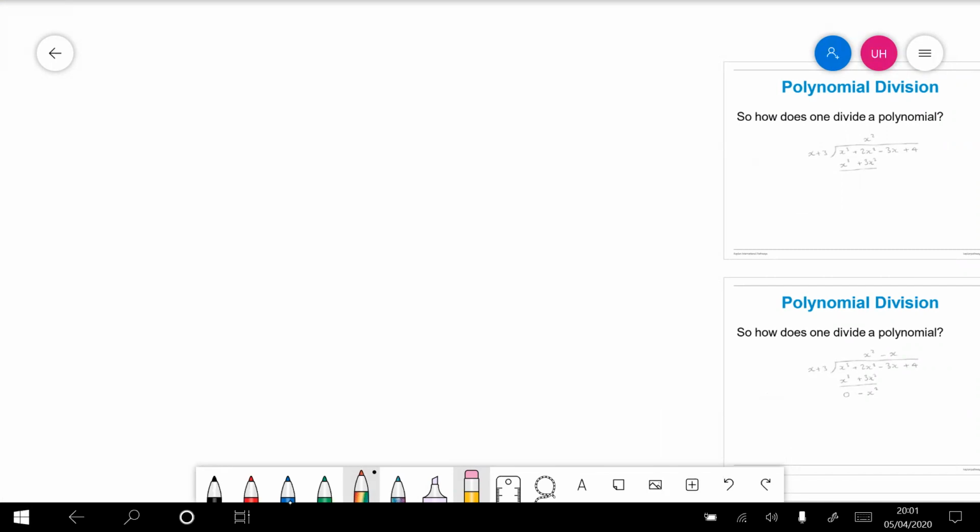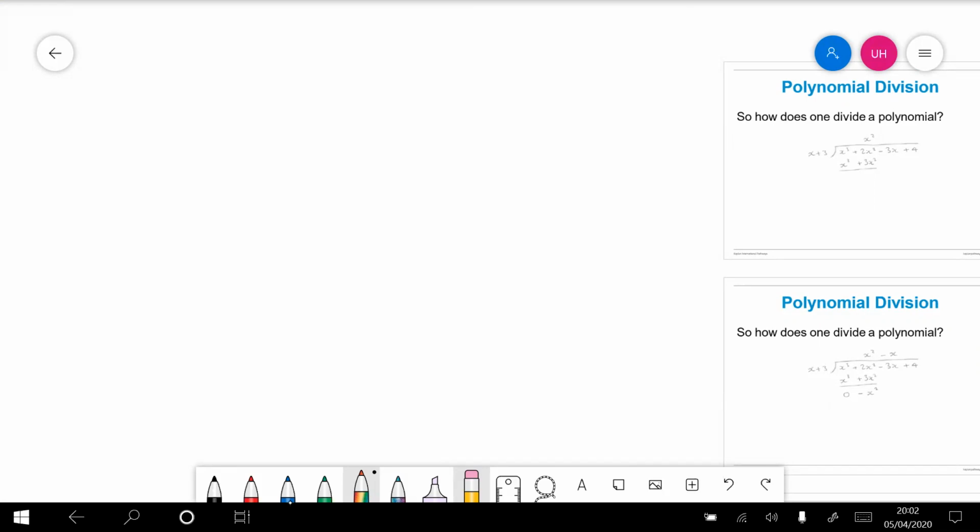So the question is, it's saying x minus 2 is a factor of the cubic f of x, which is 2x cubed minus 5x minus 6. Use algebraic long division to write f of x as the product of a linear factor and a quadratic factor.